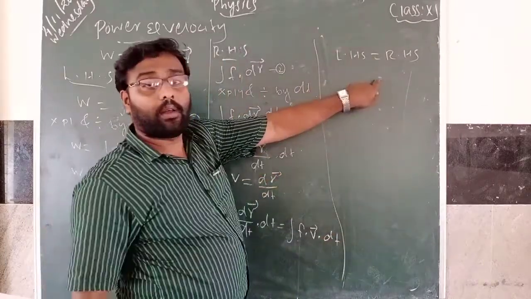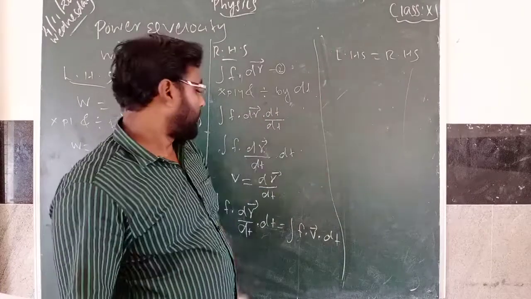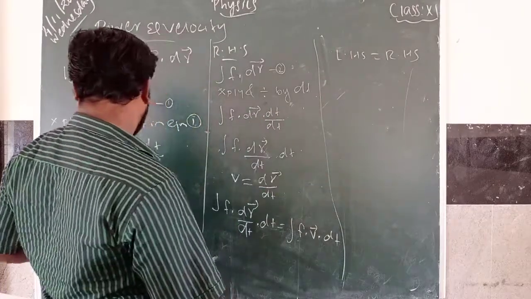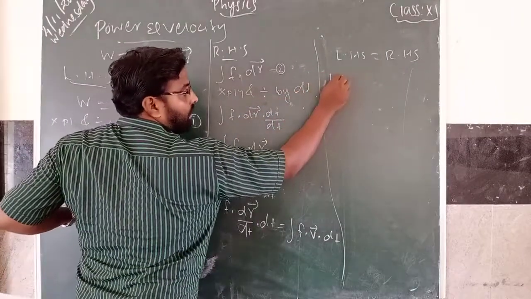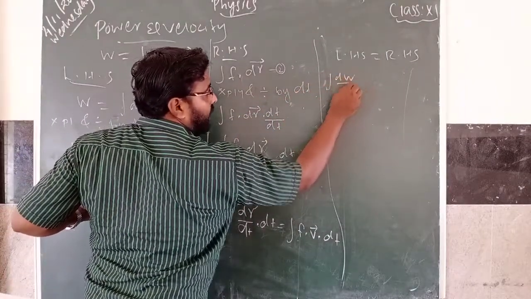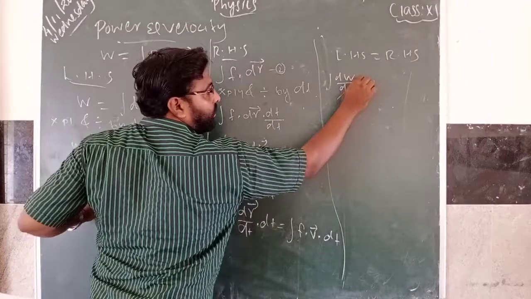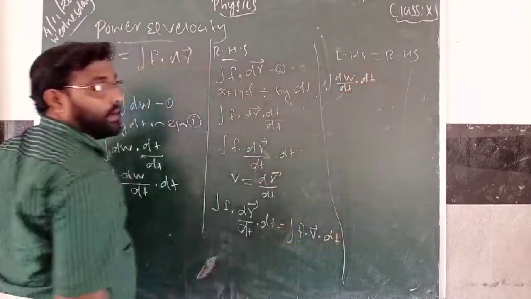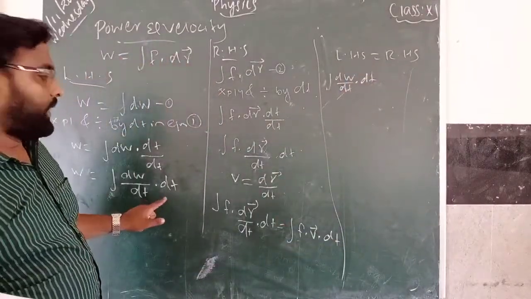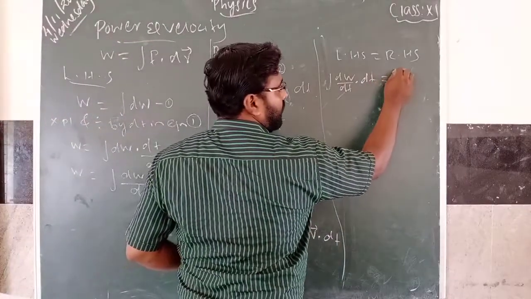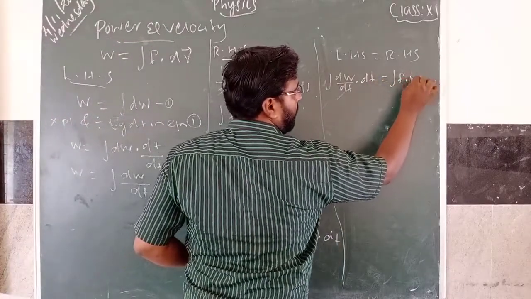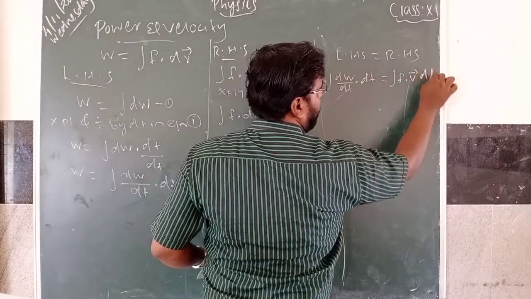So LHS is this one: dW by dt into dt. RHS is F dot v into dt.